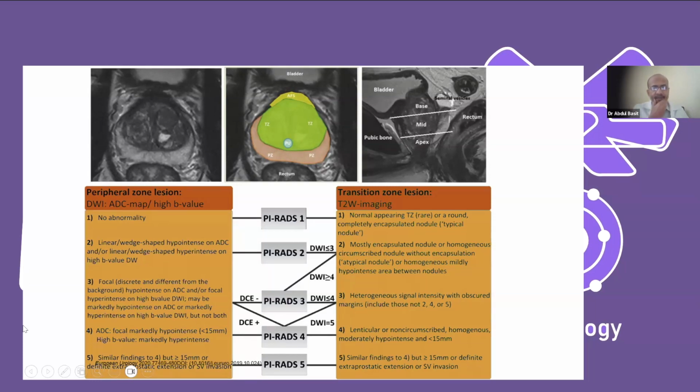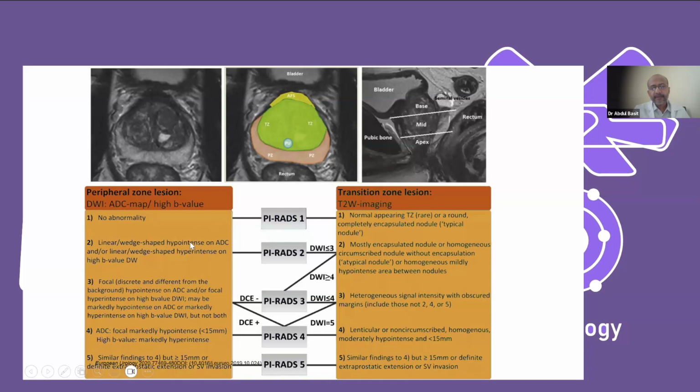So for PI-RADS in the peripheral region, as I have said, we mostly rely on the diffusion weighted images. If we do not see any abnormality, we give a score of 1, and usually a score of 1 is categorized as PI-RADS category 1.